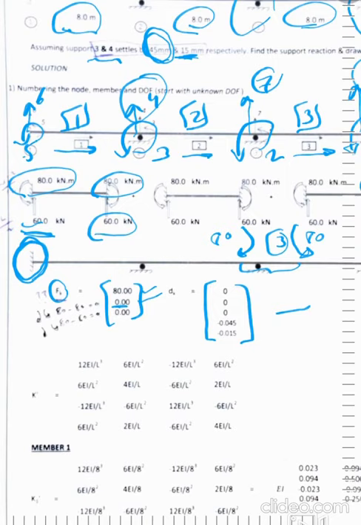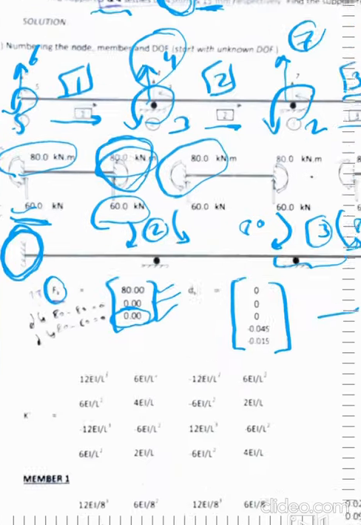And then go to node number 2. We also have the same values in different directions of moment. This is 80 and this is the second 80, so 80 minus 80 will be 0 here.